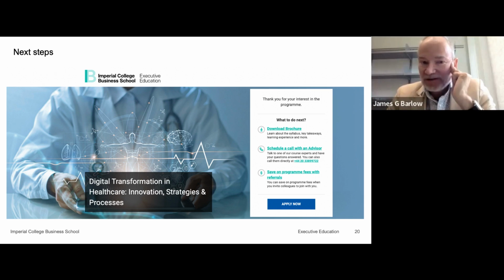So I'm sure some of these issues will be perhaps familiar to you at some level at least. I would hope that the course is going to give you time to think about the bigger picture, think about where things are going potentially in the future, and what that might mean for the NHS and your own role in the NHS.